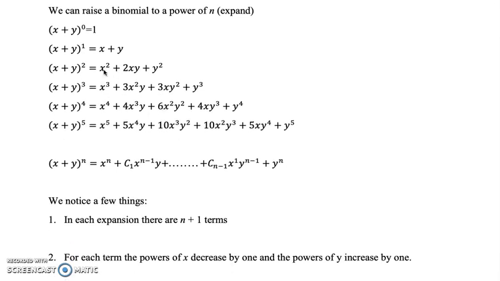We notice that the powers of x decrease. So they go from power of 2, power of 1, power of 0, and if we look at a bigger expansion, power of 5, 4, 3, 2, 1, 0. And on the other hand, y increases from power of 0 to powers of 1, 2, 3, 4, 5, all the way to n.